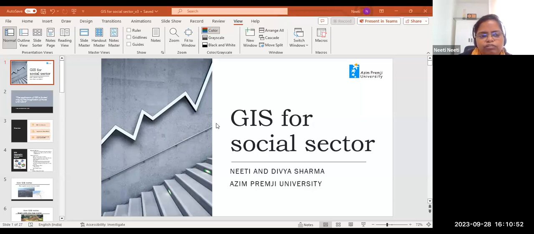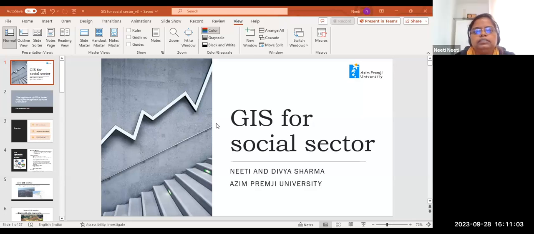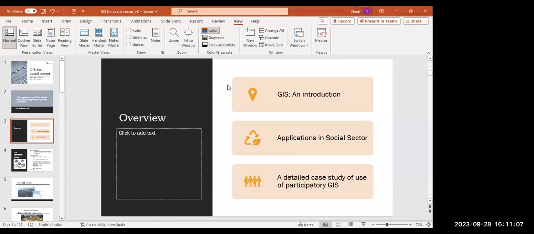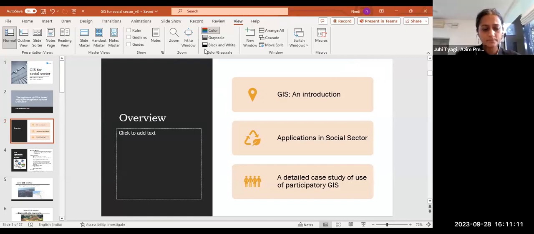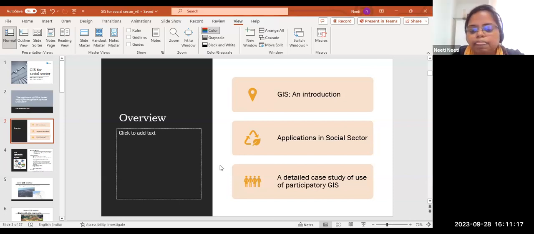Now, with respect to the overview, I'll give you a brief introduction to what is GIS, and Your slide is not moving, Neeti. You can start slide share. Slide sharing here. It's working now. Click on F5. F5. Okay.